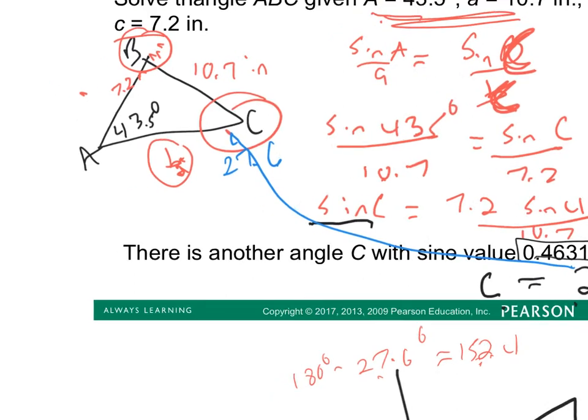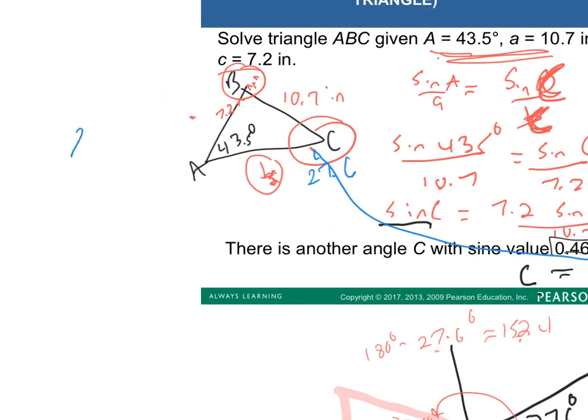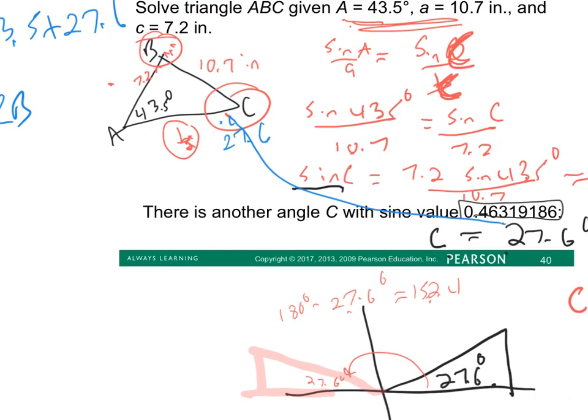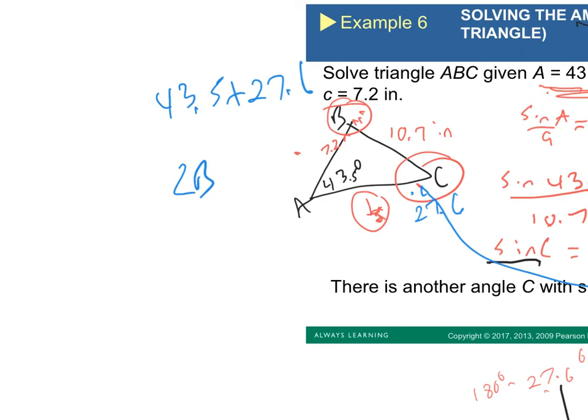And if I'm solving this triangle, and I still need angle B, then it looks like it would work, because 43.5 plus 27.6 adds up to 71.1.